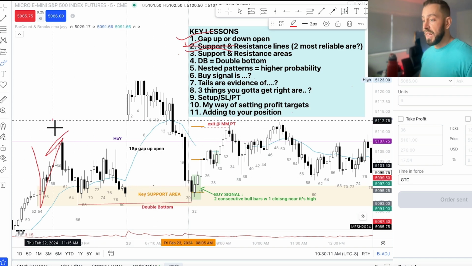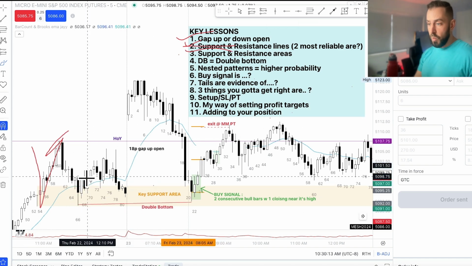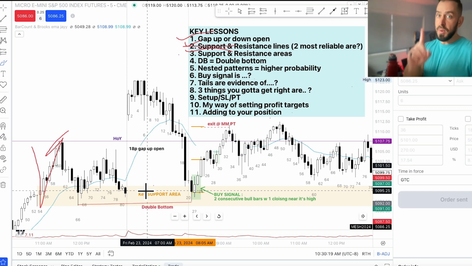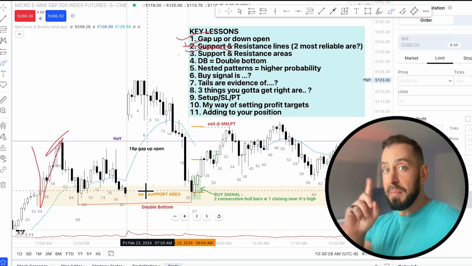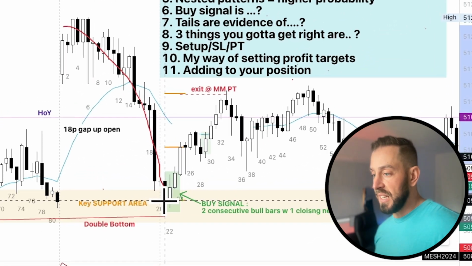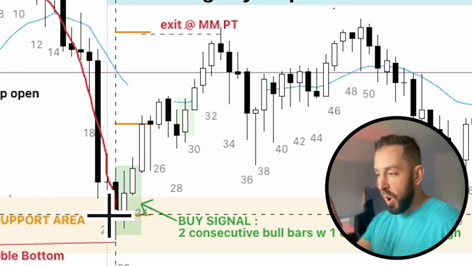Patience may be the most important quality for the mental game in all of trading. So when we come into this support area, we're going to watch what happens, and we are going to expect what happened last time, but we're going to watch closely because it might happen differently this time and it might change our mind.